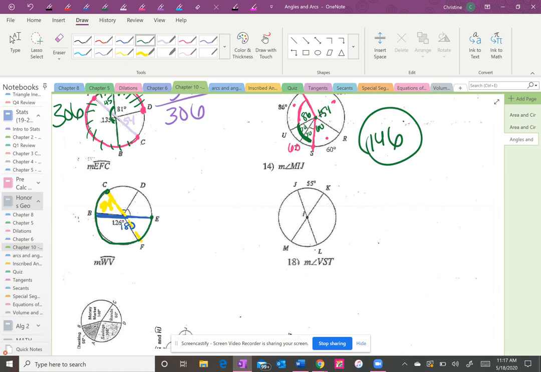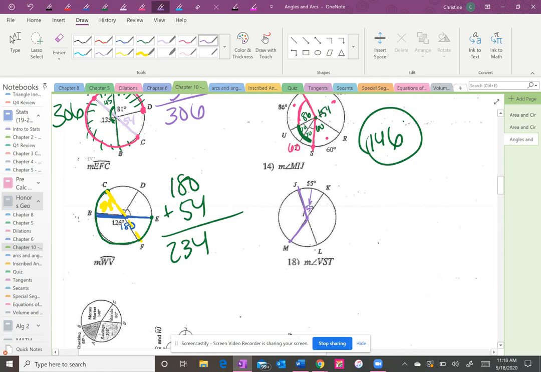And so then you could just say it's 180 and 54, $234. And then the last one, MIJ. MIJ, it's an angle, so I'm going to go inside of here. Since this is 55, this angle is 55, and so this would just be the supplement of 55, which is going to be 125.